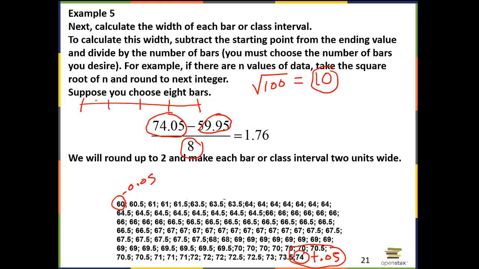We want to know the length of each part, and with the calculator we end up with 1.76. So if I use a class length of 1.76, I'm going to start with 59.95 and end with 74.05. But any number greater than this also works for the length.